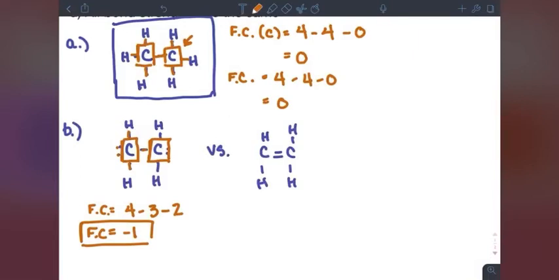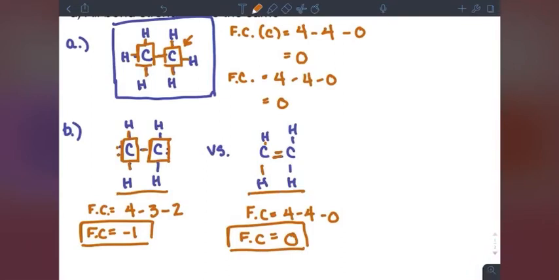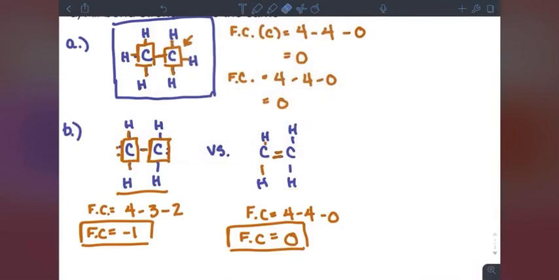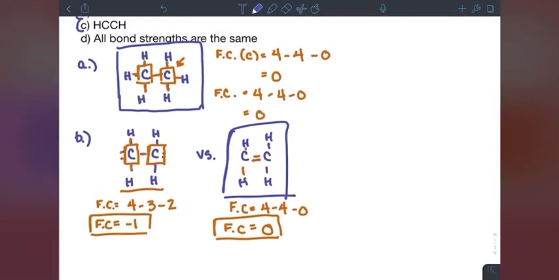Whereas with this one here, the formal charge would be the valence electrons 4 minus 4 lines minus the number of dots, 0, is 0. So you have this carbon on the right versus the one on the left, and formal charge will tell you which is more stable. In this case, we would choose this one because it has the formal charge of 0.